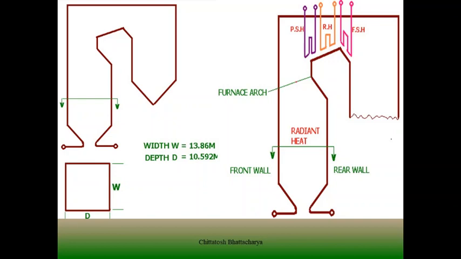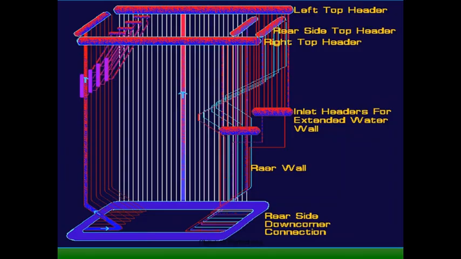This kind of arrangement is called membrane walling. Whatever the walling may be, it depends upon the arrangement of heat transfer area and how much the furnace cross section is. That way we try to figure it out and fix it.